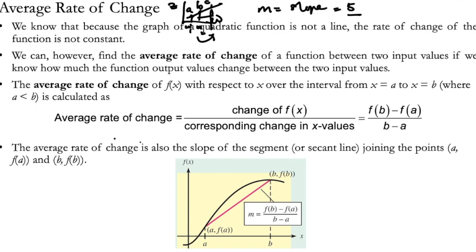However, we know that for a nonlinear function, from point A to point B, and then from point B to point C, they may have different rates of change because it's not the same. When the rate of change is not the same, the slope or the rate of change is not constant, isn't it?